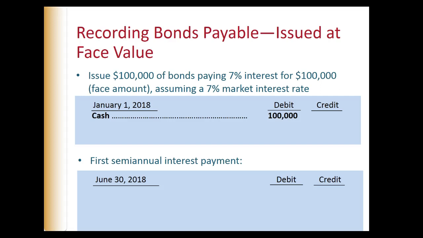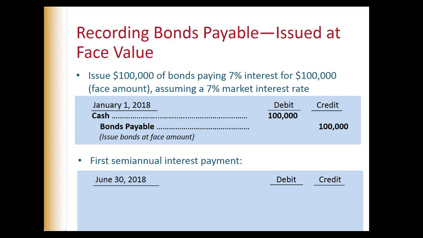On January 1st, 2018, California Coasters issues $100,000 of 7% bonds due in 10 years, and it has interest payable semi-annually on June 30th and December 31st of each year.